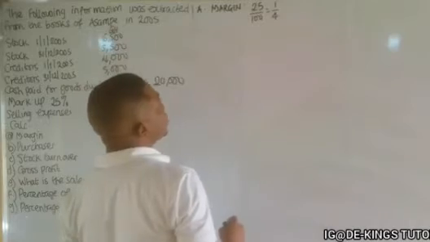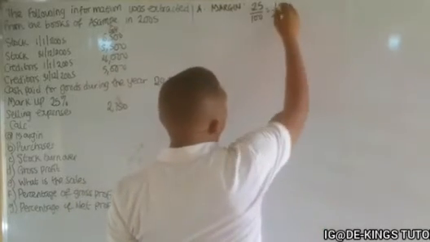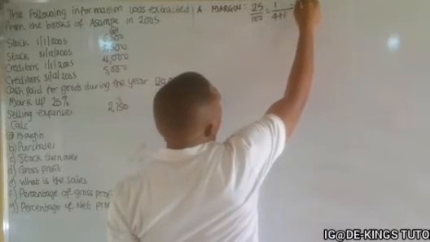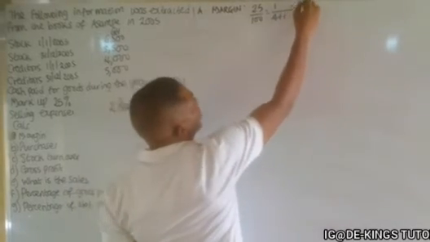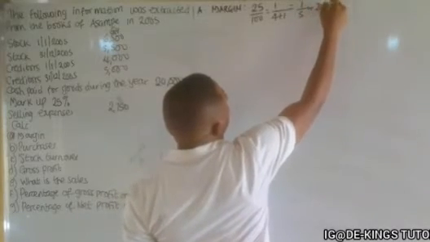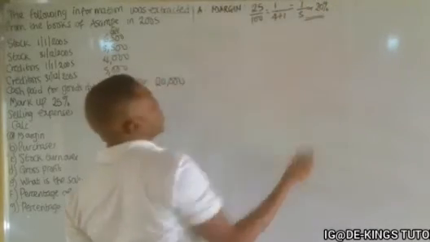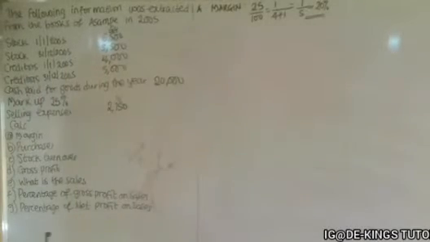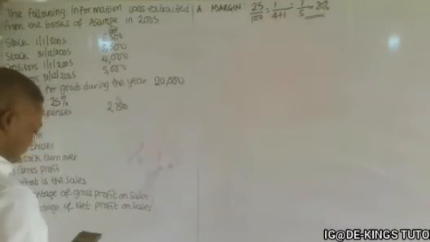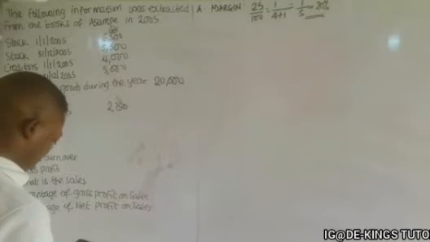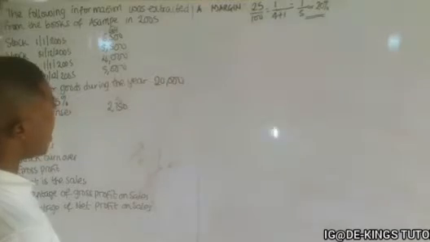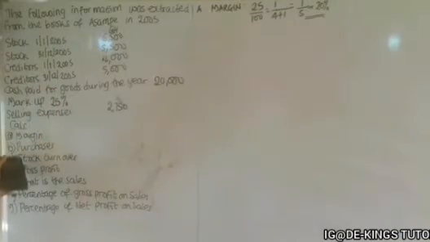Now, to convert to margin, like I said before, we add the numerator to it: 1 over 4 plus 1 gives us 1 over 5, or 20%. Okay? So 20% is the margin. That's that.